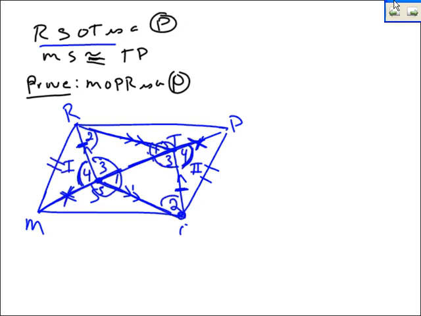Okay, since RSOT is a parallelogram, I know that SO and RT are equal in length. But that's enough for me. Look at triangle number 3. It has a V, it has an X, and in the middle, it has what I've been calling angle 5. In triangle 4 down here, it has a side with an X, it has a side with a V, and angle 5 right in the middle.